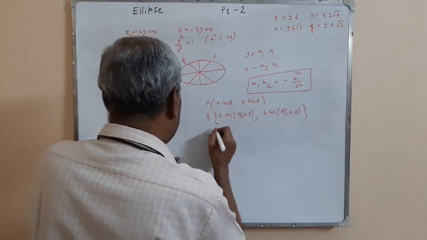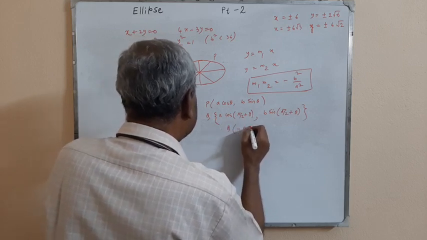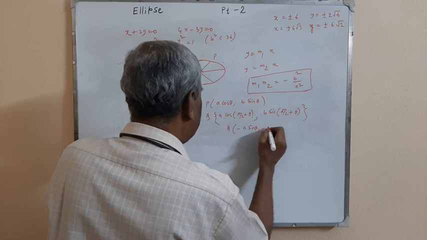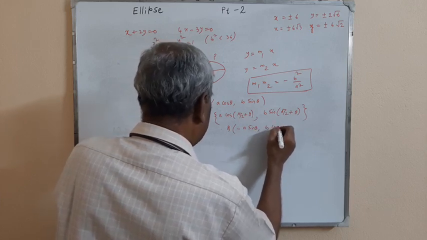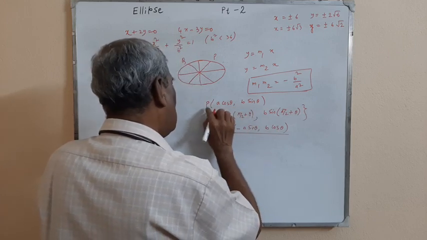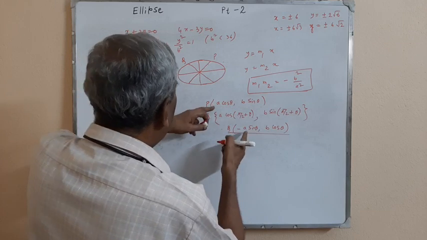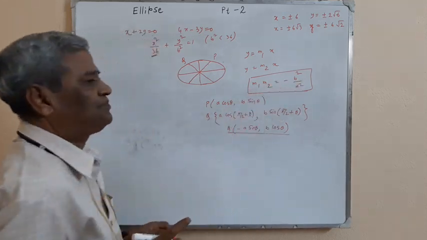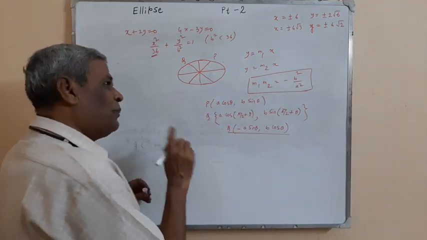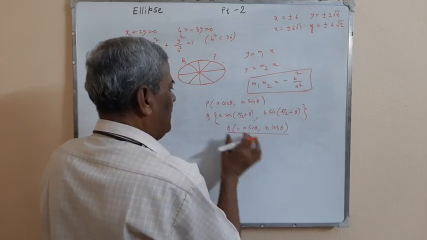That is, Q is actually minus a sin theta, b cos theta. So if the coordinate of P is this, the coordinate of Q will be that. You have to keep in mind this formula as well as that formula.